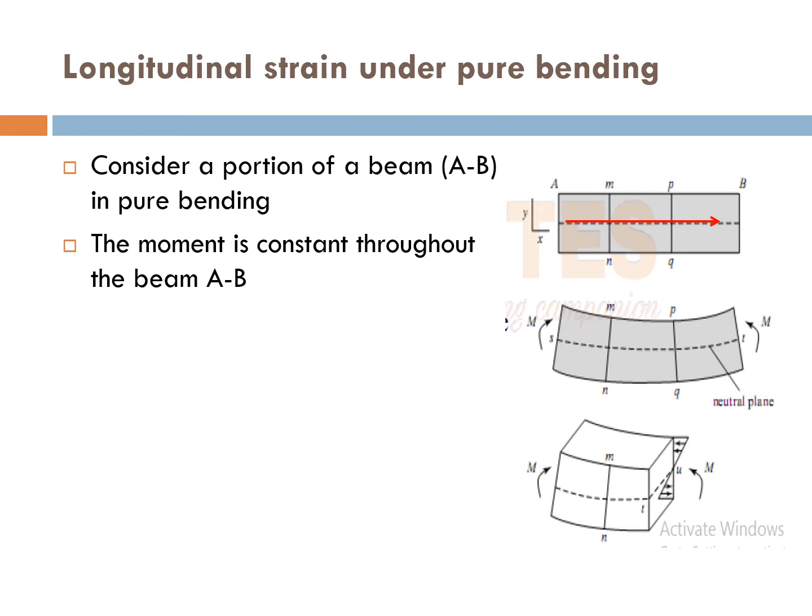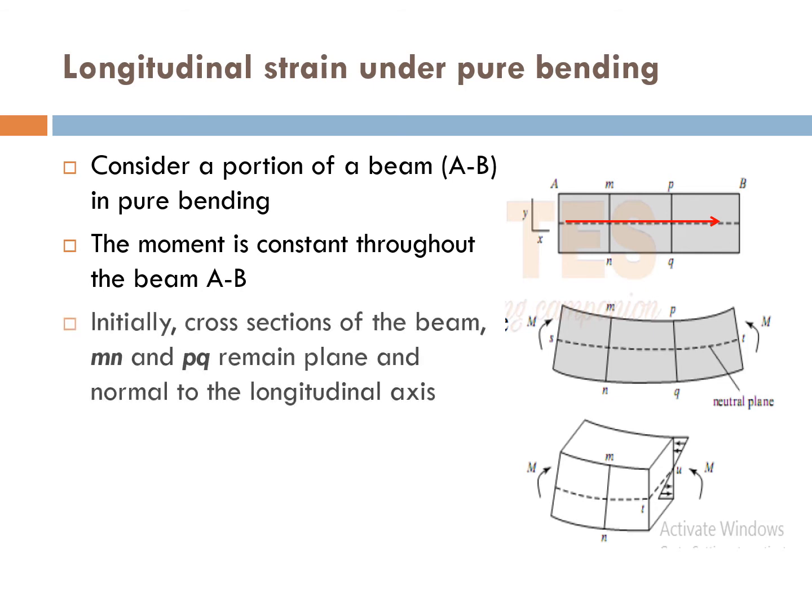Also, the cross-sectional area of the beam is symmetric about the y-axis. It is also assumed that the cross-sections of the beam, such as sections MN and PQ, remain plane and normal to the longitudinal axis.